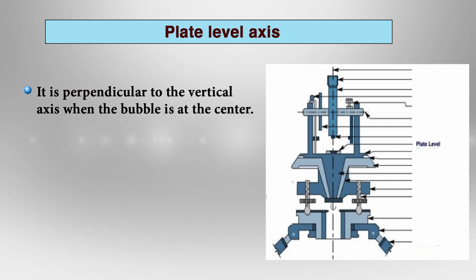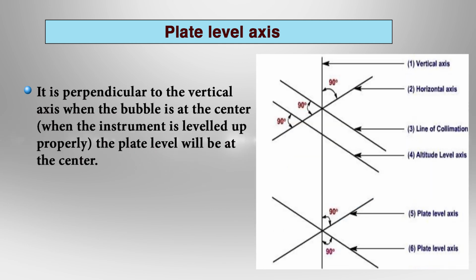By adjustment of the tribrach and foot screws, we can adjust the plate and bring the level or the bubble to the center. When the instrument is leveled properly, the plate level will be at the center.